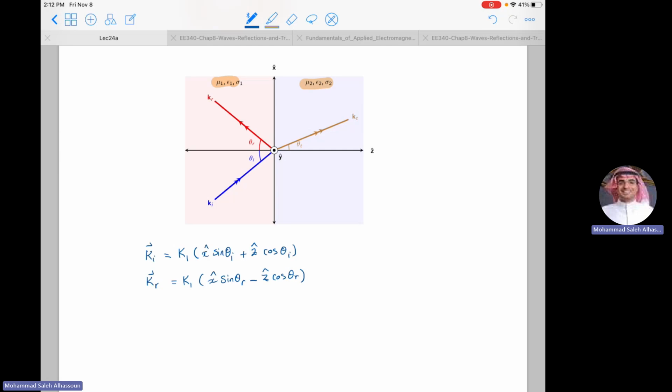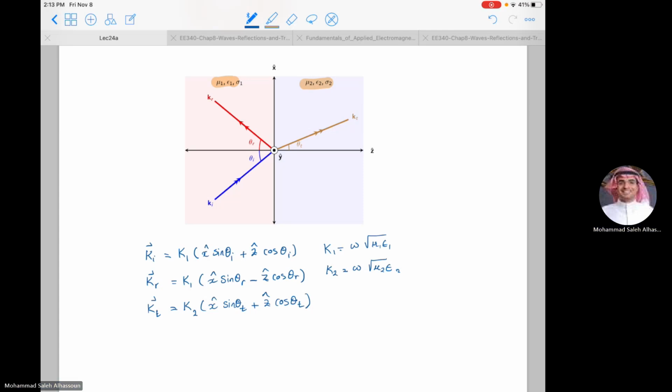Similarly, for medium 2, we have the transmitted wave vector, but the key difference is that the angle is the transmitted angle, not the incidence angle, and cosine theta t. K1 is simply omega square root of mu1 epsilon 1, and K2 is omega square root of mu2 epsilon 2.